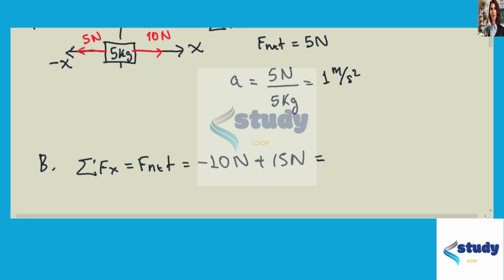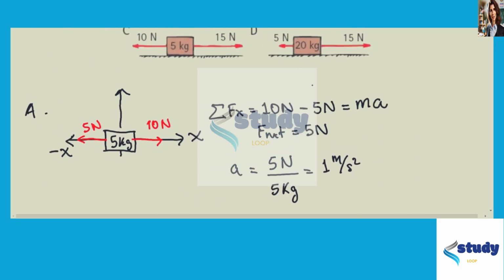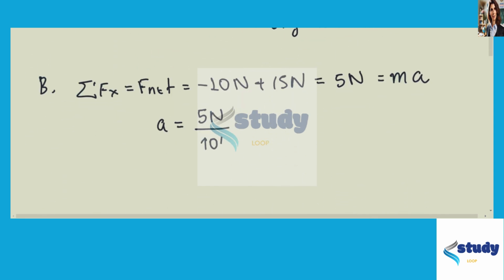And this is equal to 15 minus 10, that is 5 newtons. And we know that this is also the mass times the acceleration. So the acceleration is 5 newtons over the mass, which in this case is 10 kilograms. So we obtain 0.5 meters per second squared.